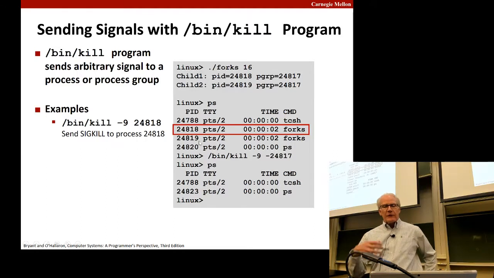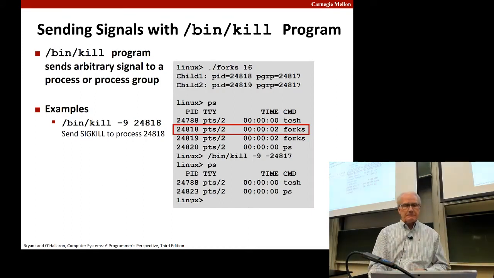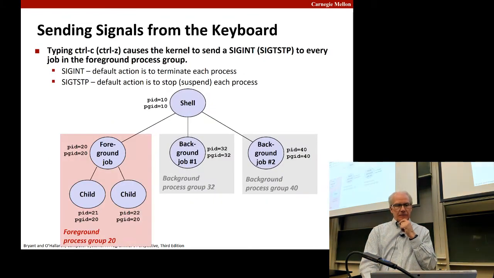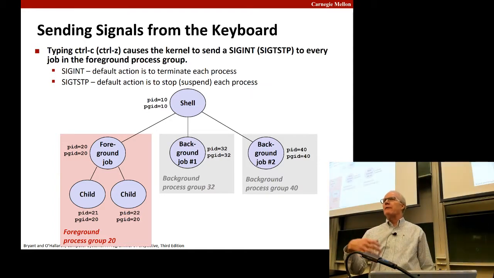So this example is showing a couple of things. One is you can specifically identify what signal you want to deliver, and you can deliver it to either a single process or to a group of processes. In general, as you know, if you type Control-C, it will terminate whatever your program is running in the foreground.